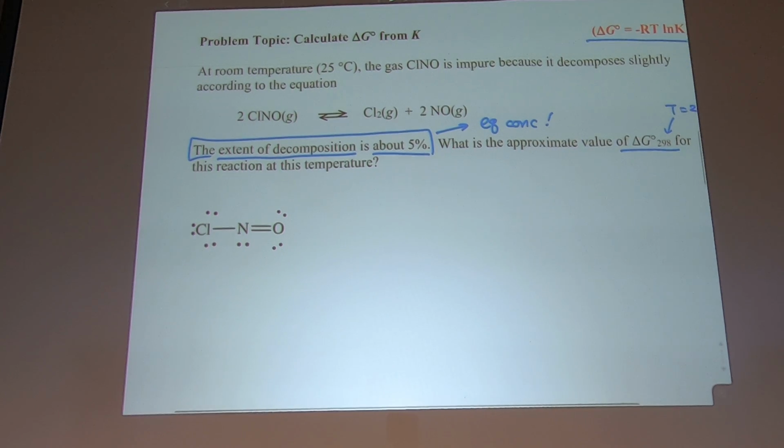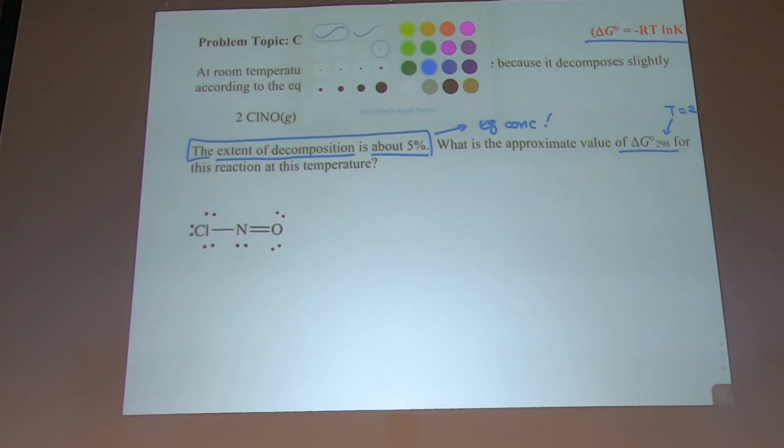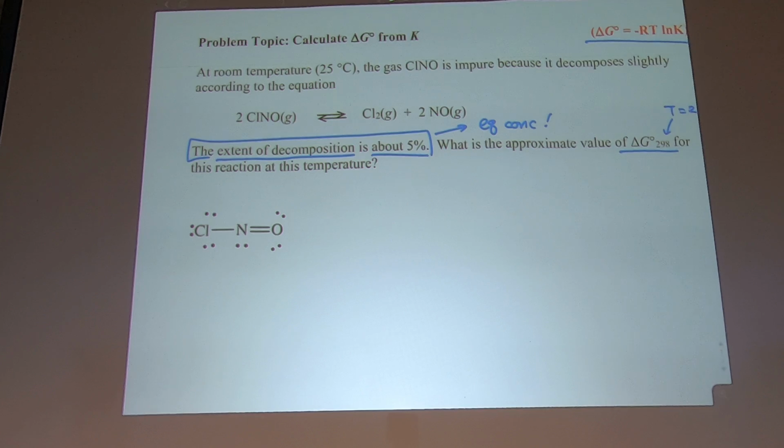And just to refresh your memory, this is an extra one that I have written down. This is a Lewis structure of this, and they go back and forth with chlorine gas and NO gas. And NO has these Lewis structures. So oxygen is 6, nitrogen is 5.